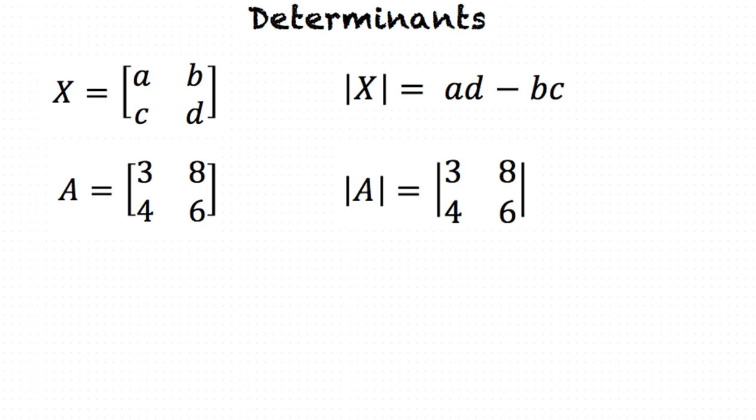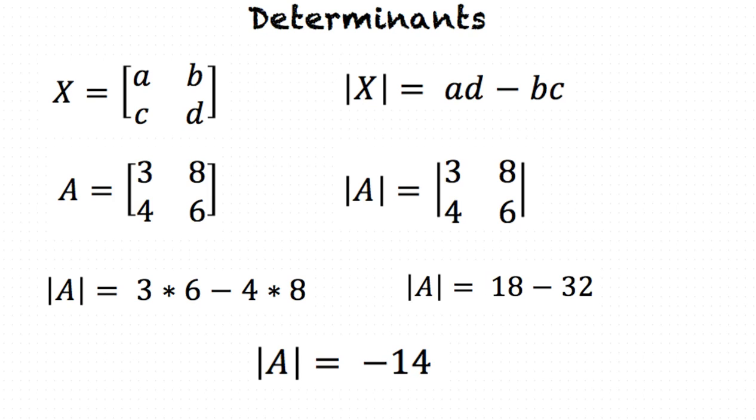This is 3 times 6 minus 4 times 8. This can be simplified to |A| equals 18 minus 32, or negative 14.